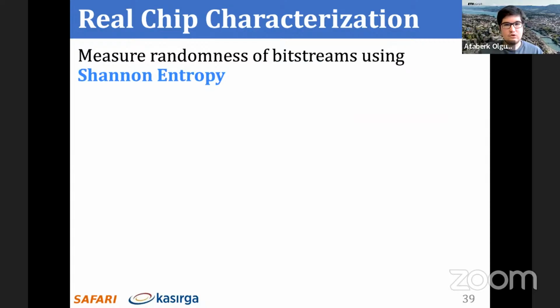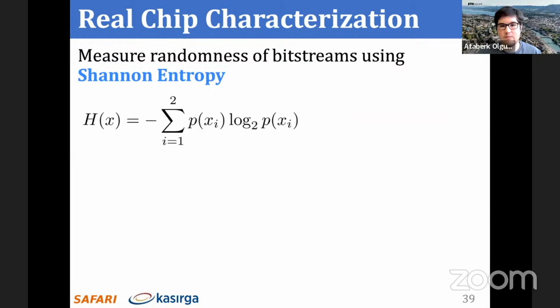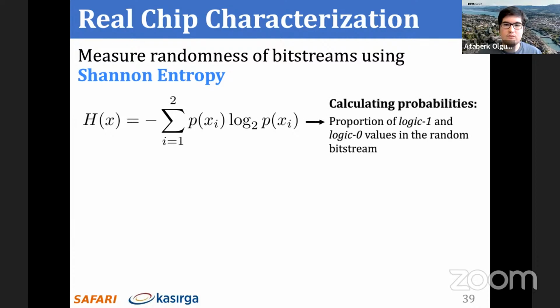We use Shannon entropy as a measure of randomness in the bit streams generated by QUAC operations. So Shannon entropy is calculated using this formula, and it can be interpreted as the effective number of random bits in a bit stream. To calculate the probability values in this formula, we simply find the proportion of logic 1 and logic 0 values in the random bit streams we test.